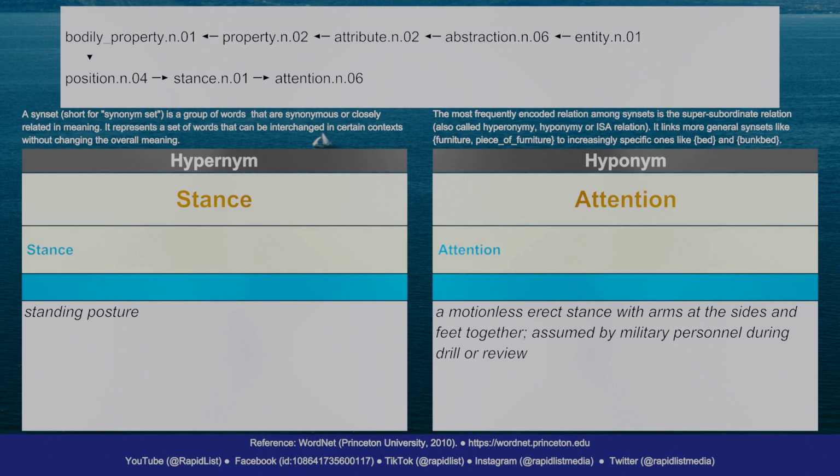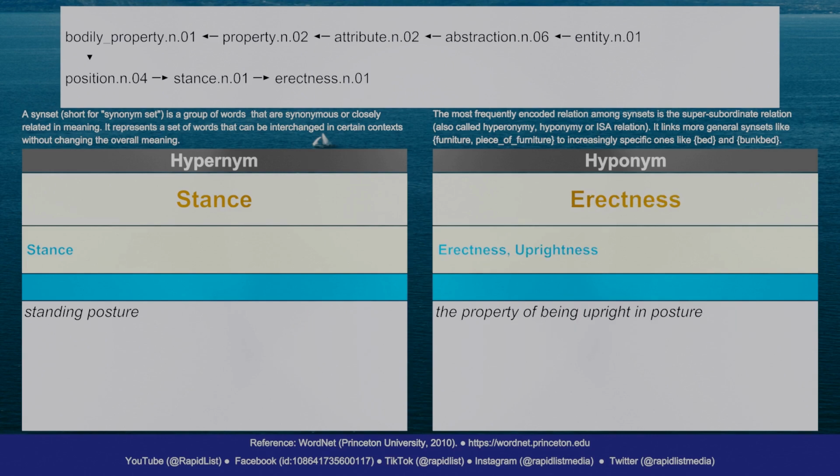A motionless erect stance with arms at the sides and feet together, assumed by military personnel during drill or review. The troops stood at attention. Erectness. The property of being upright in posture.